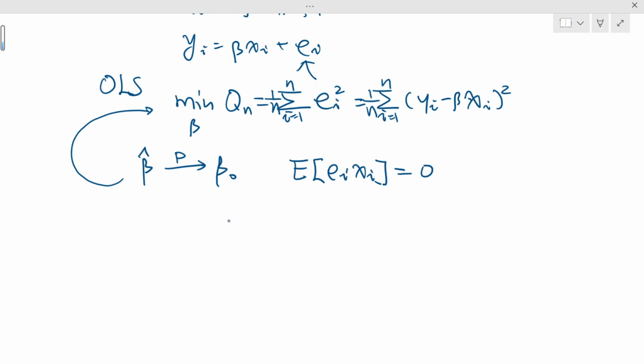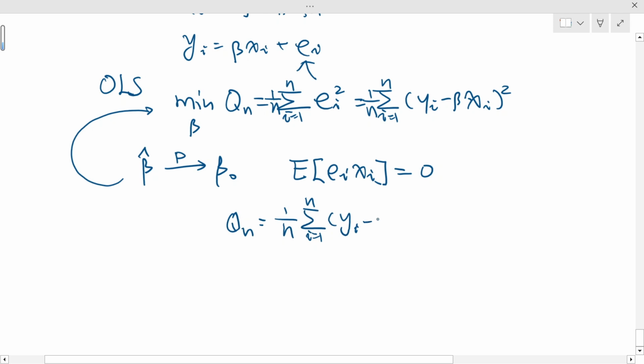If we look carefully at this criterion, the sum of squared errors, we find that it is actually stochastic. Qn is a random variable.